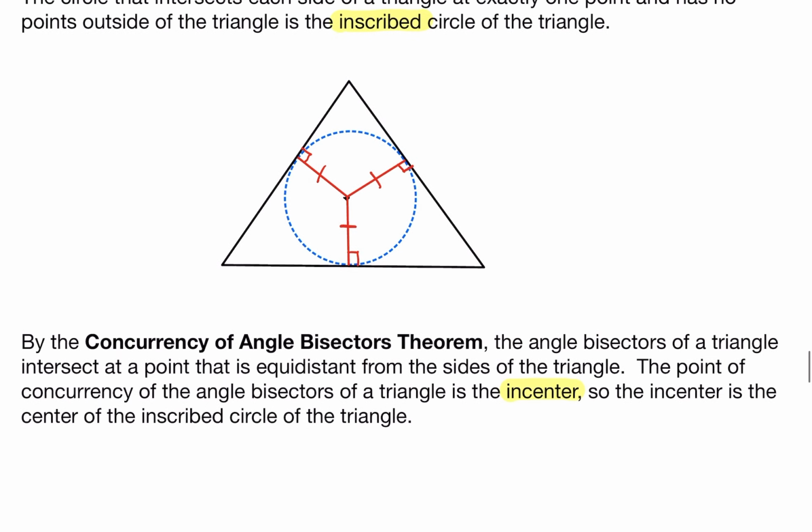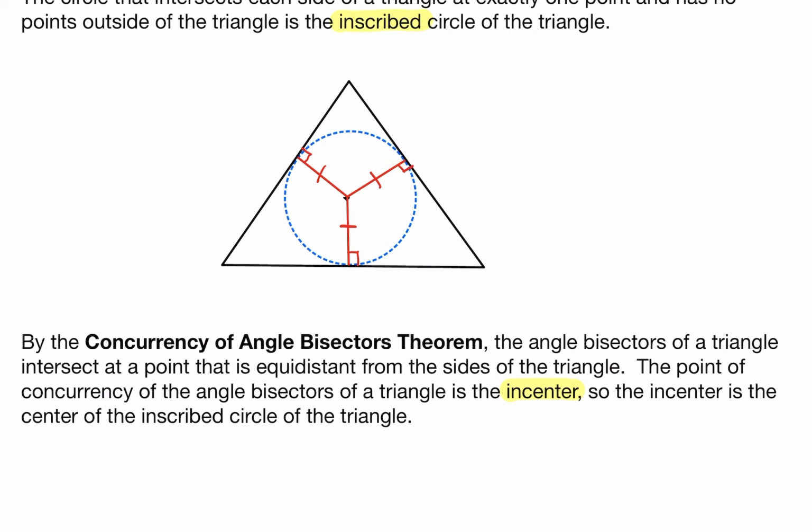Okay, and so by the concurrency of angle bisectors theorem, the angle bisectors of a triangle, right, what we just drew earlier, bisects this angle here, bisects this angle here, and bisects this angle here. They intersect at a particular point, and that point happens to be the same distance to each side of this triangle as drawn here.